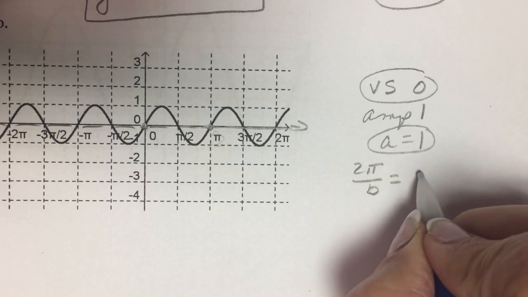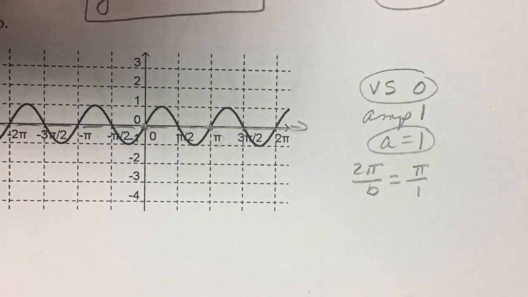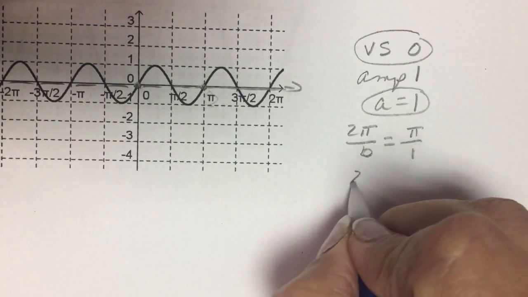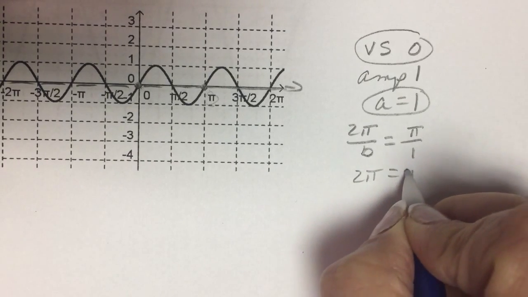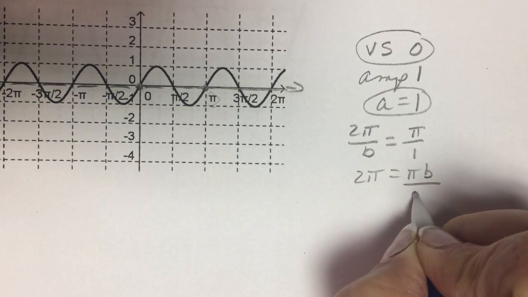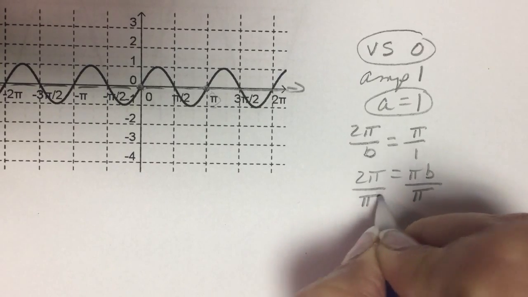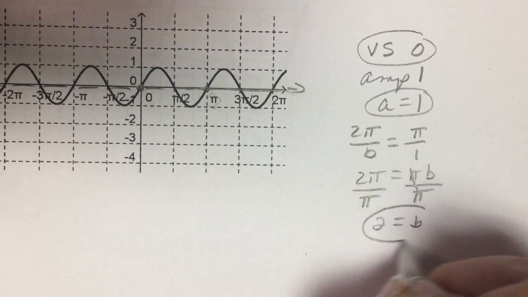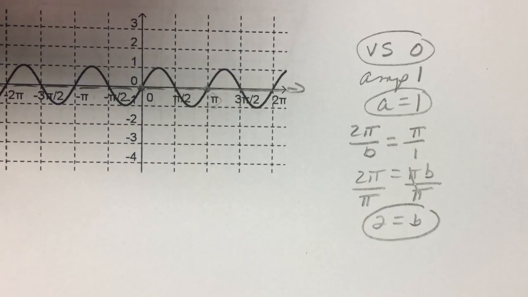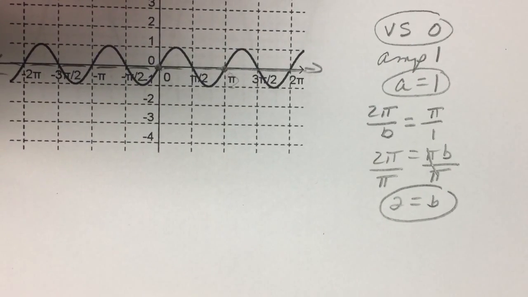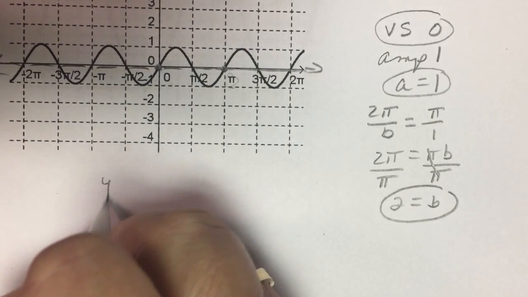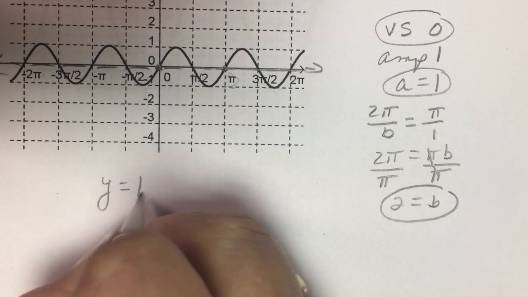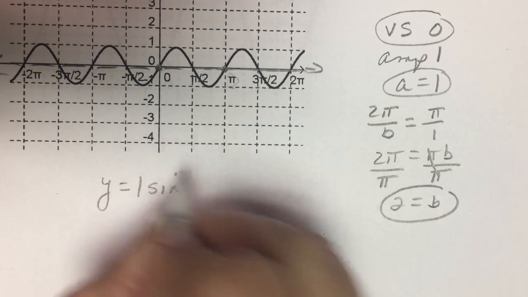So it's 2 pi over b equals pi over 1. So 2 pi equals pi b. If I divide, I'm getting the b alone because that's what I'm trying to solve for. I'm going to get b is equal to 2. So I have everything that I need. So my equation will be y is equal to, again, 1 sine.